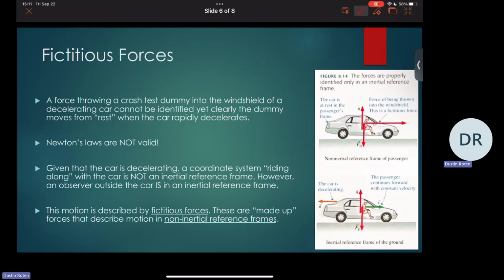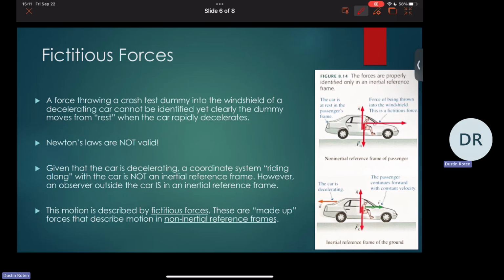The next thing we need to talk about is some fictitious forces, and then we're going to link this back to gravity and the rotating Earth and what we're feeling while we're sitting on the Earth. So with fictitious forces, you can think about it sort of like watching a crash test dummy. You can be inside the car riding along with the crash test dummy, or you can be outside the car watching as the whole thing unfolds.